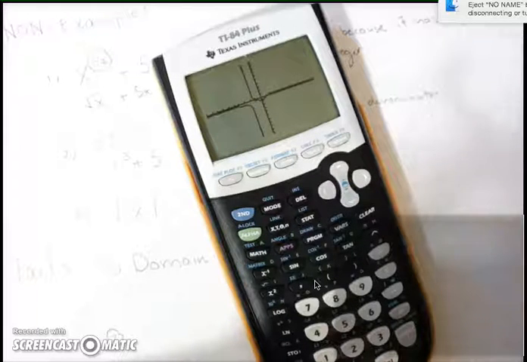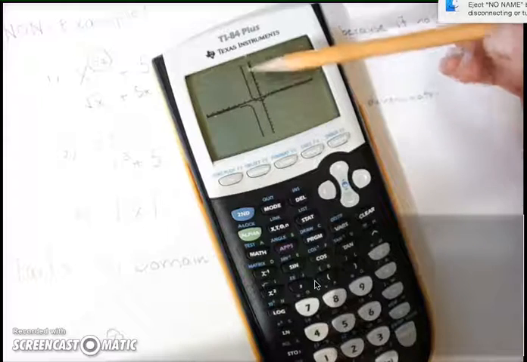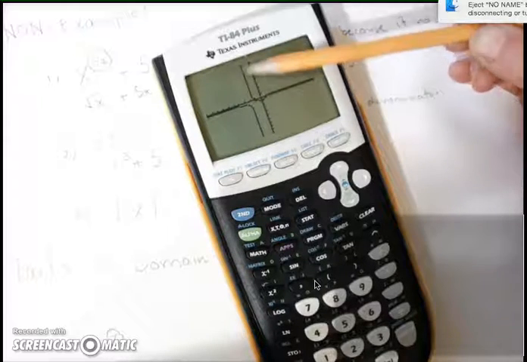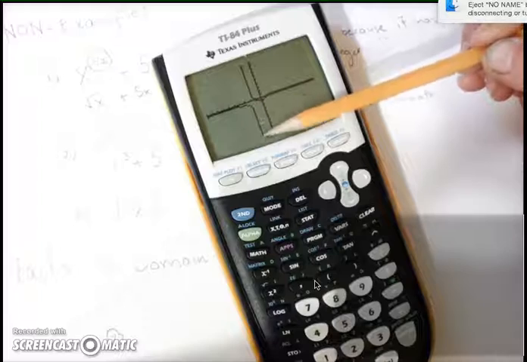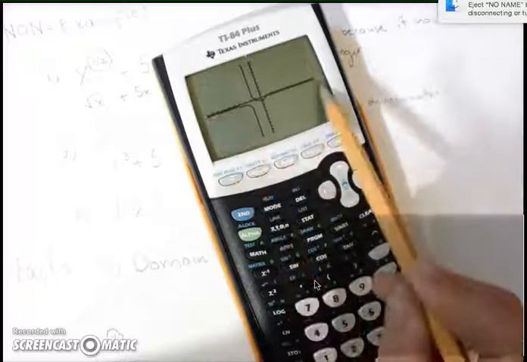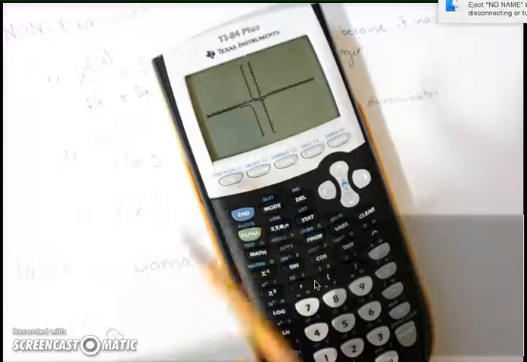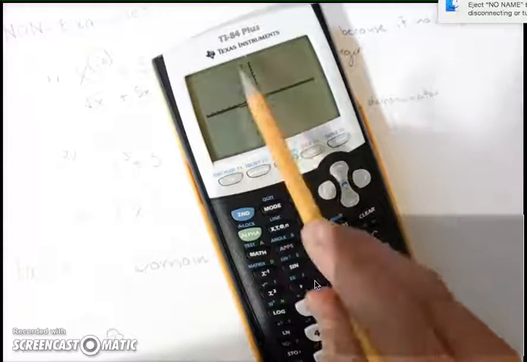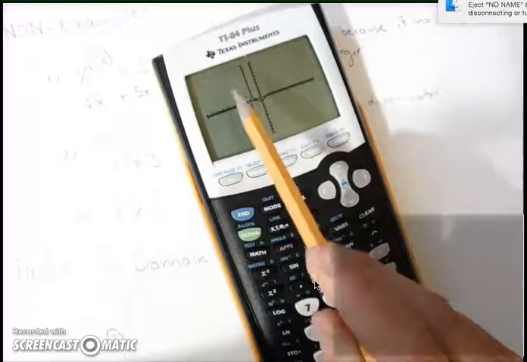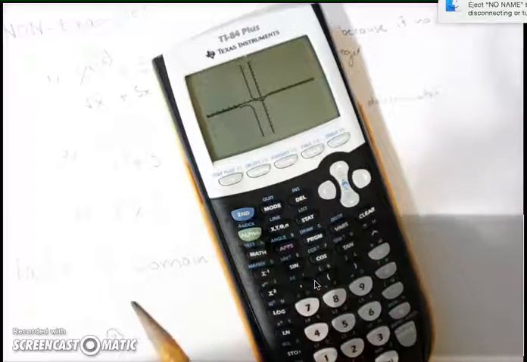So this graph almost resembles the 1 over x graph. It's got this vertical line called a vertical asymptote that we'll talk about later, and a horizontal line called a horizontal asymptote that we'll talk about later. These are just lines that the graph gets very, very close to but never touches. That's how you should think about it for now.